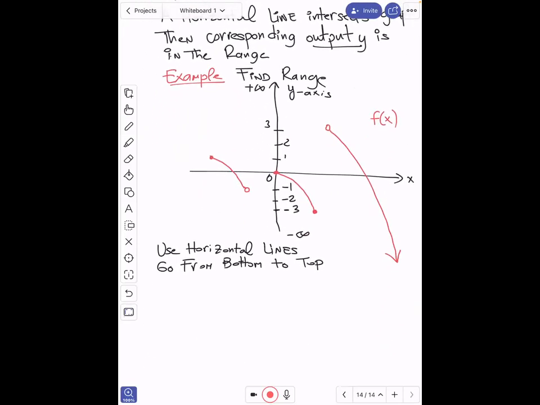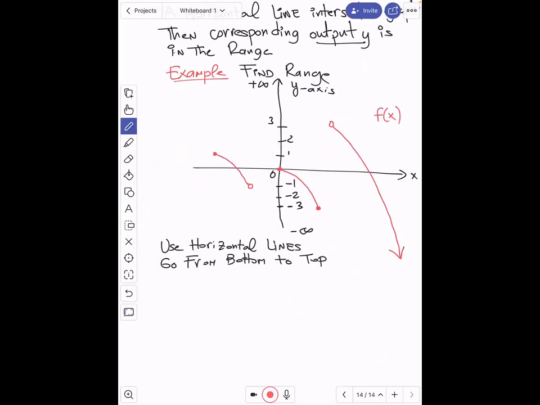All right, so what will be the answer then? Let's see. What will be the range? Here's my horizontal line. And as I said, you start from the bottom, and at the bottom, of course, you have negative infinity right here. As you can see, at negative infinity you do have an intersection, right here.